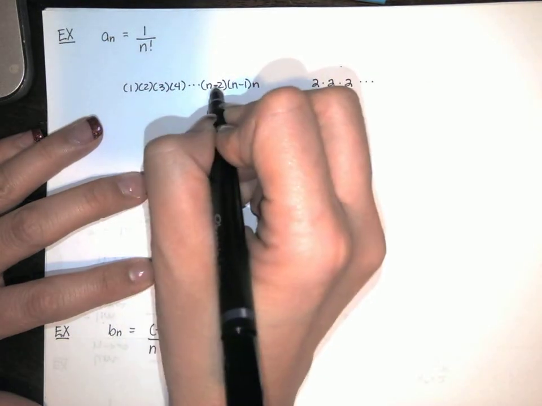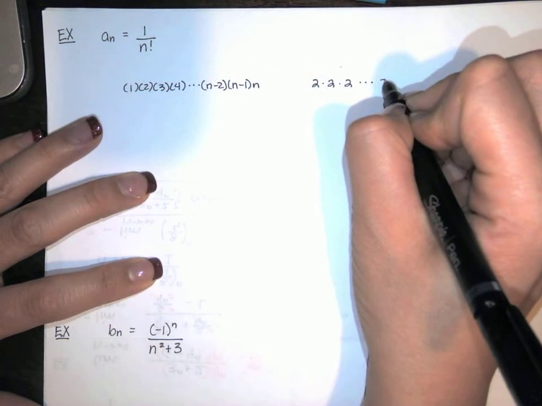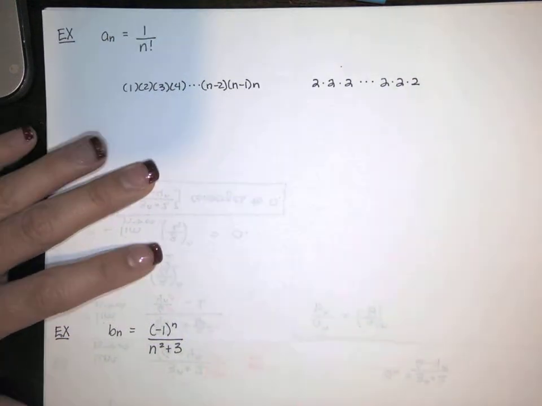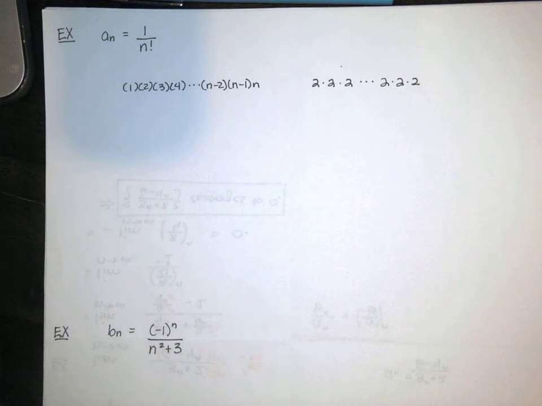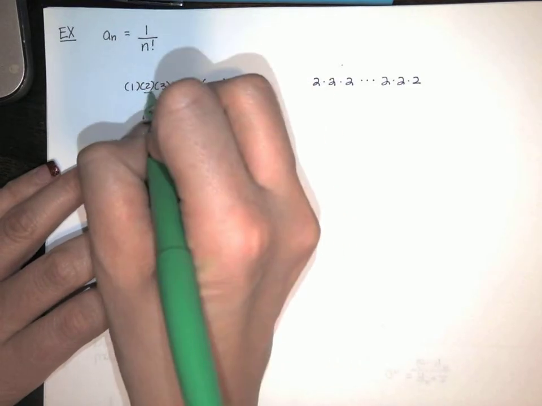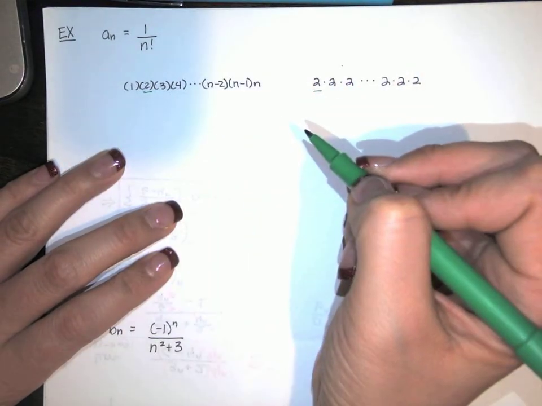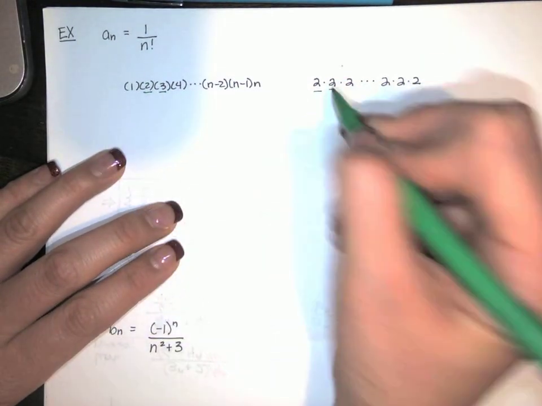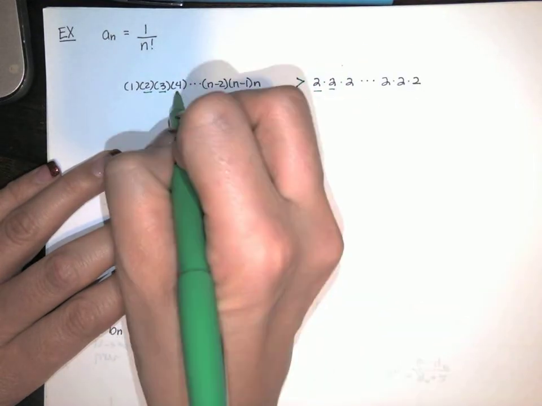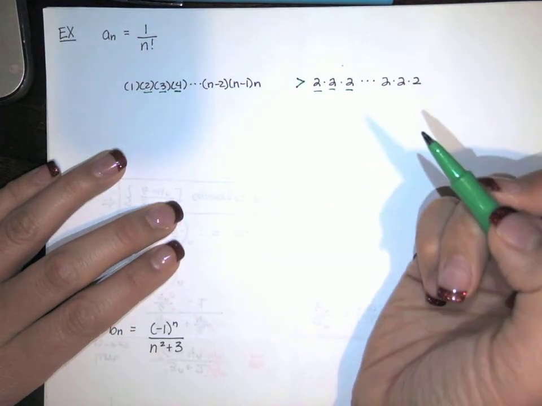So eventually I'm going to have 2 times 2 times 2. And what I'm doing is I'm comparing each of these 2's on this side to each of the numbers on this side. That 2 and that 2 are equal to each other. This 3 is greater than that 2. So I'm going to put a greater than sign. That 4 is greater than that 2.